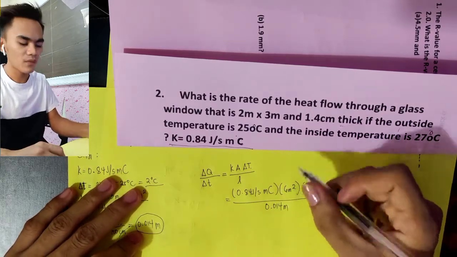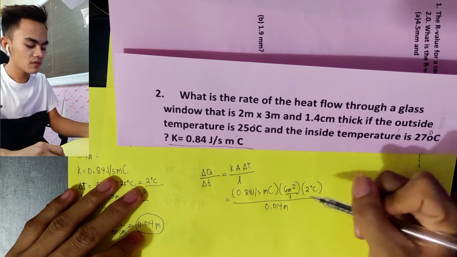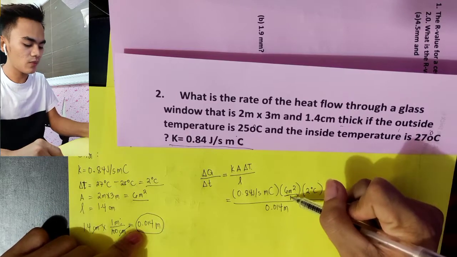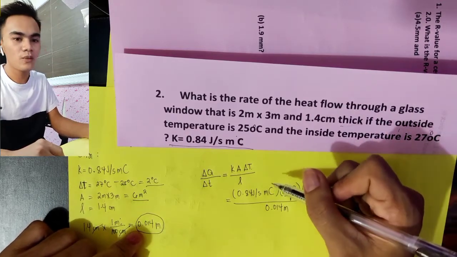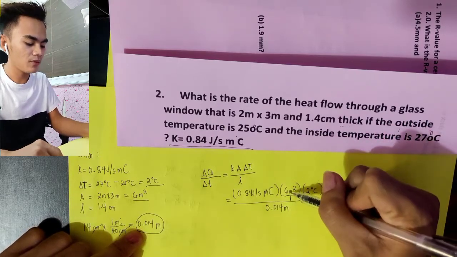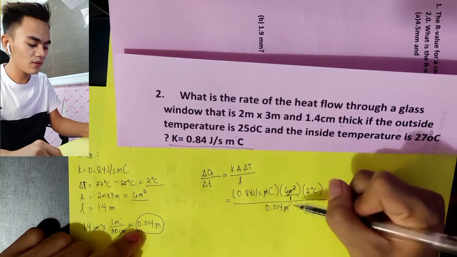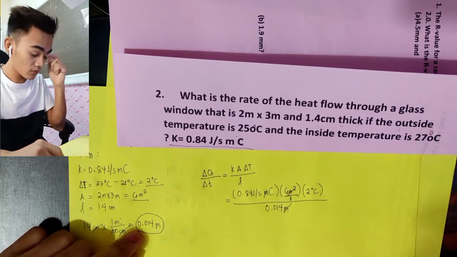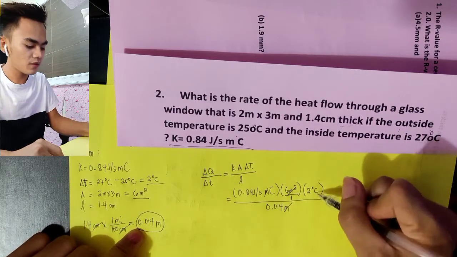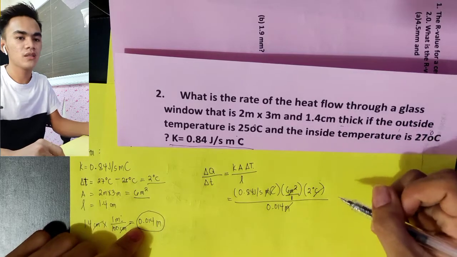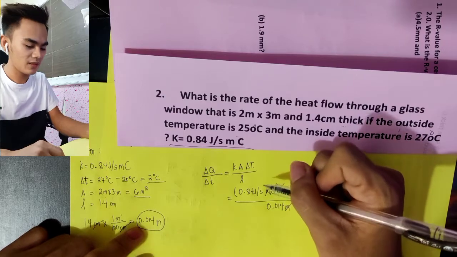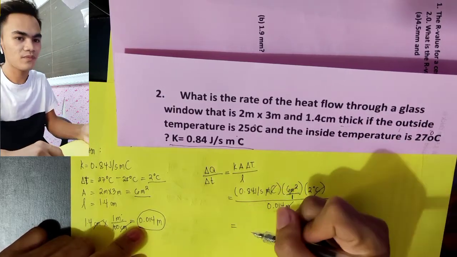Then let's cancel out the same units. We have meter squared and meter, also the centigrade, and we have joules per second remaining.